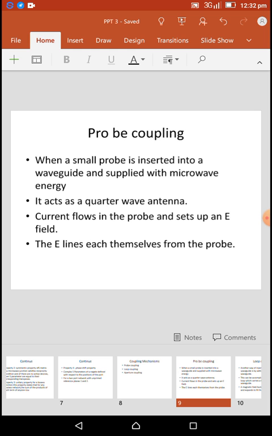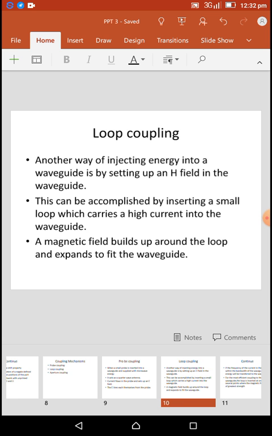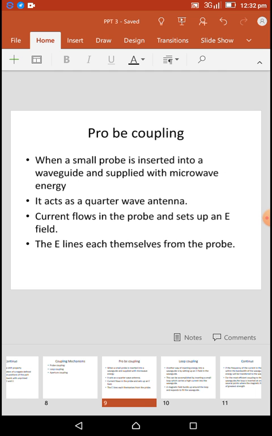So the E lines detach themselves from the probe. When the probe is located at the point of highest efficiency, the E lines set up a considerable E field.